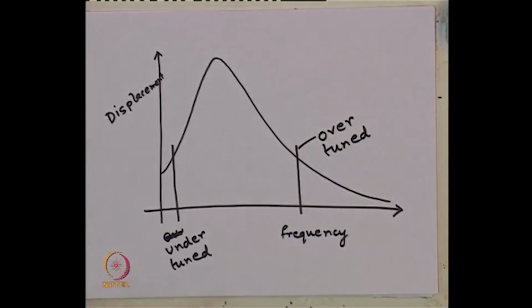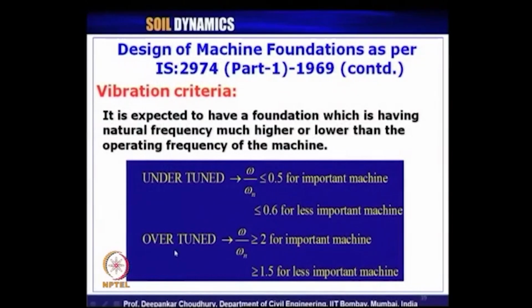So, what is overtuned? In that case the operating frequency is much higher than the natural frequency. In the slide it is also shown: overtuned, this is the operating frequency, this is the natural frequency, and the ratio of them should be greater than or equal to 2 for important machines, and it can be greater than or equal to 1.5 for less important machines.